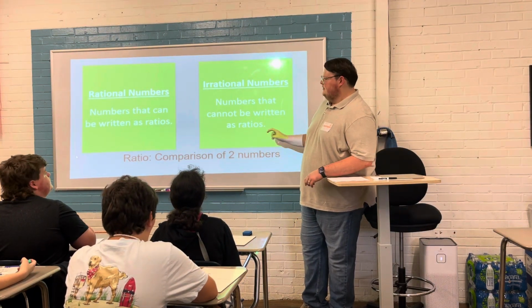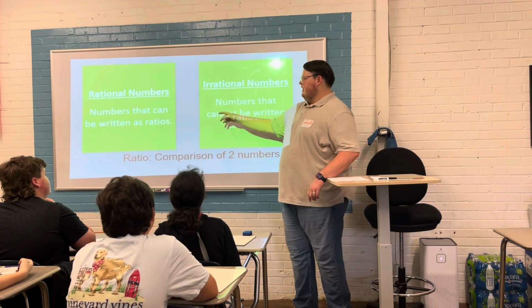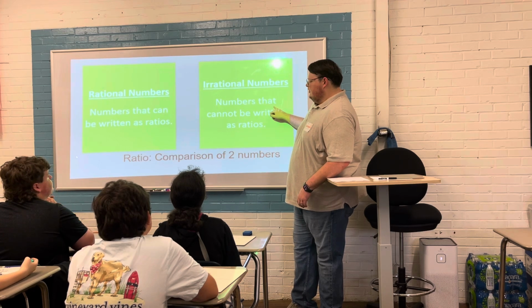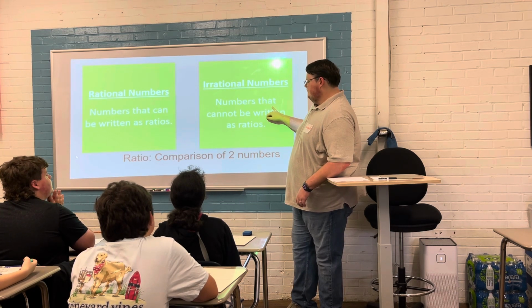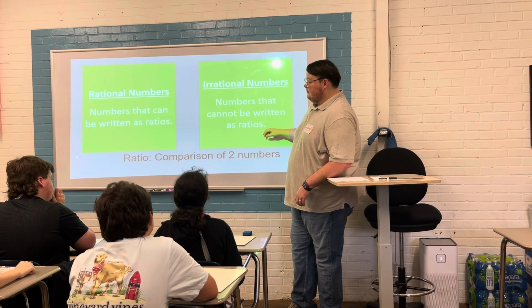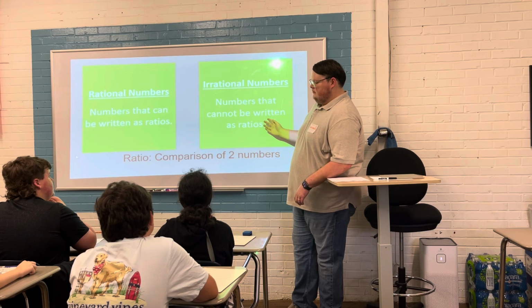This is the definition of rational and irrational. Rational numbers are numbers that can be written as ratios, and irrational numbers are numbers that cannot. A ratio would be something like 2 to 2 or 4 to 2.